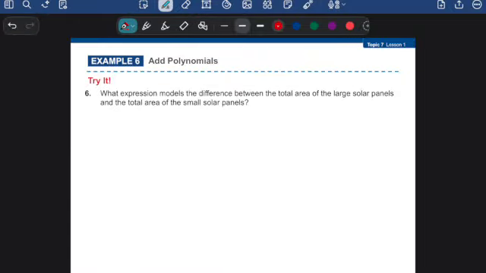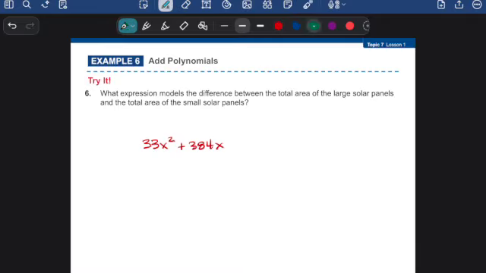Try it. Number 6. What expression models the difference between the total area of the large solar panels and the total area of the small solar panels? So again, I'm going to stick with what's in the diagram. So let's write the expression for the large solar panels. It was 33x squared plus 384x.